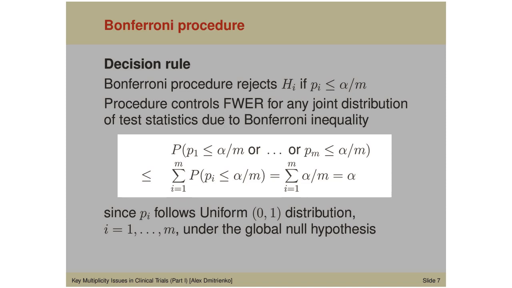The key fact used in this inequality is that each p-value follows a uniform distribution on the 0-1 interval under the global null hypothesis of no effect, and therefore the probability that p_i is less than or equal to alpha over m is simply equal to alpha over m.